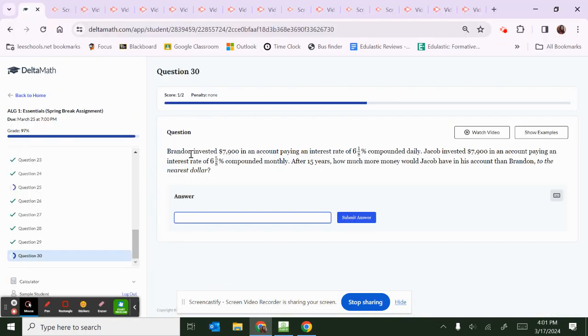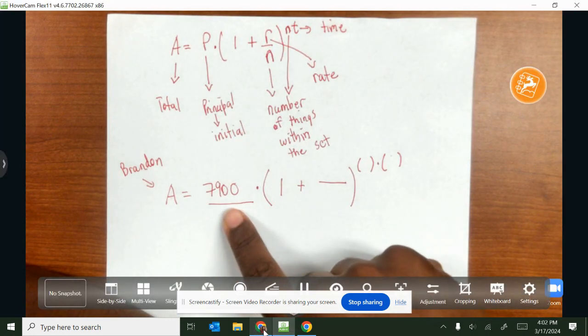Brandon is being compared to Jacob, so let's look at Brandon first. Brandon invested 7,900 in an account, paying an interest of 6 and 1/8 percentage. So for Brandon, his principal, or starting amount, would be 7,900.